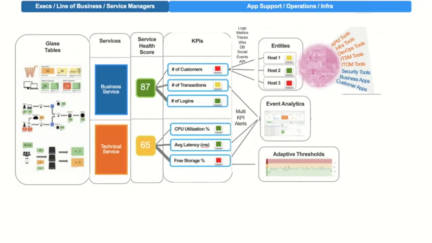The adaptive thresholds are a type of threshold configured for a KPI that is populated based on the statistical distribution of historical KPI data. So it's calculated on the basis of historical data. They use machine learning technology to analyze historical data and determine what should be considered normal in the IT environment.